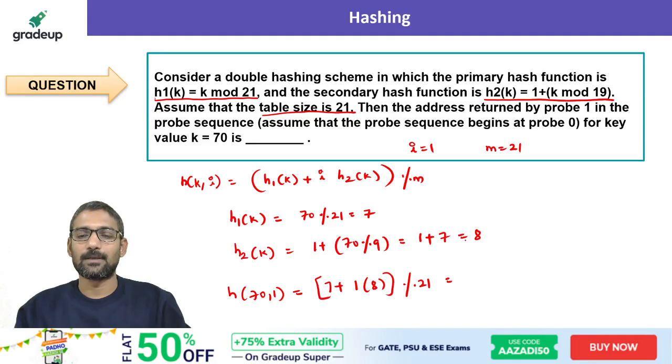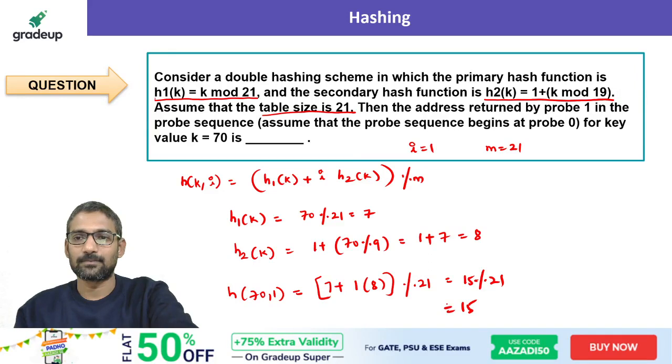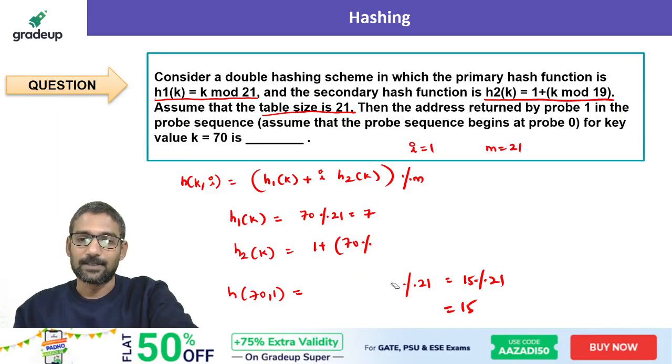Right? So what would this be? 15 modulus 21. Actually this we are getting as 15, isn't it? Wait a minute. Here we have actually substituted h2 of k as 1 plus k mod 9. Wait, I have substituted 9.